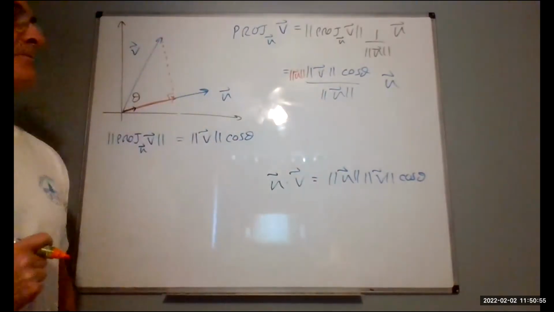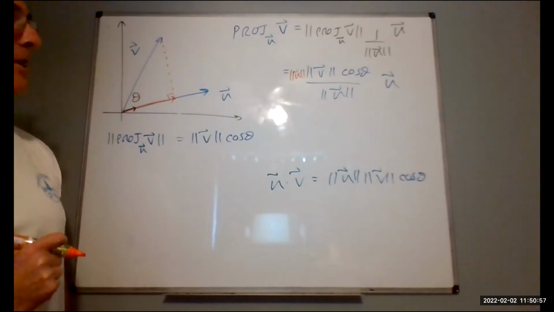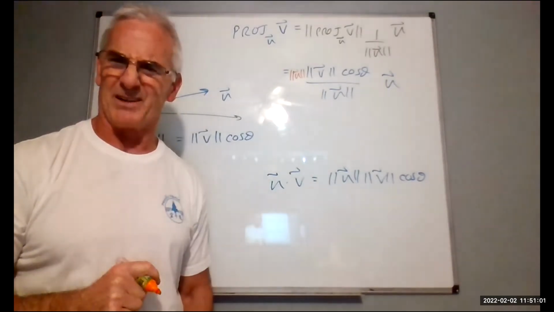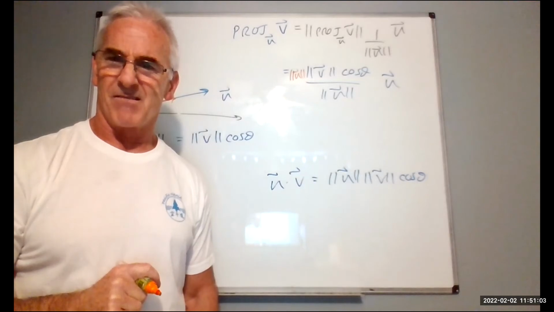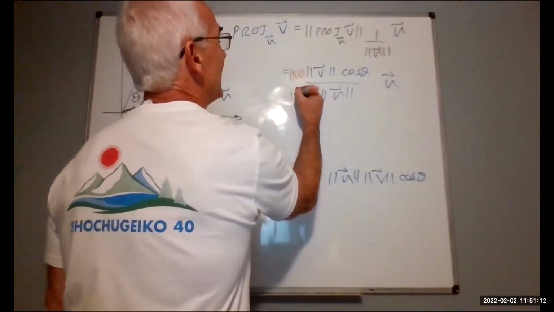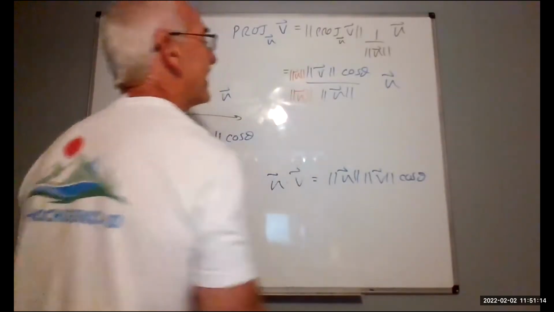There. Now look, my numerator is the dot product. Except, can I do that? Is that legal? Can I just multiply the numerator by the magnitude of U? Well, I can if I do what? Do it to both sides. Not both sides, the denominator. Yes, there we go. Is that legal?